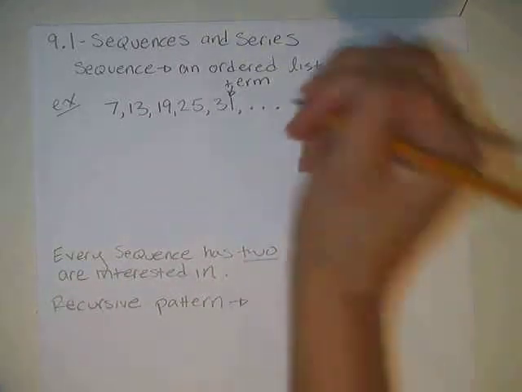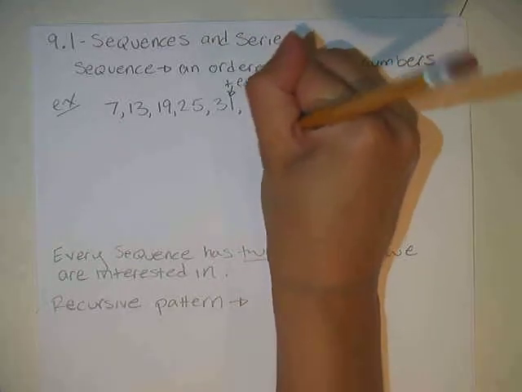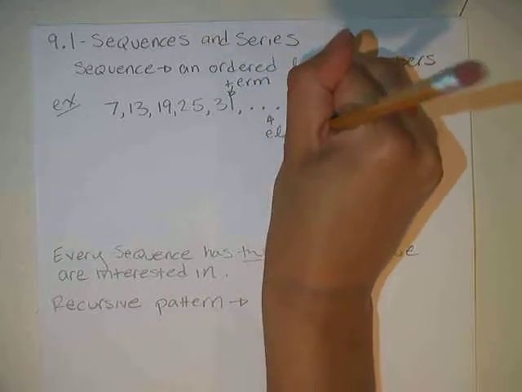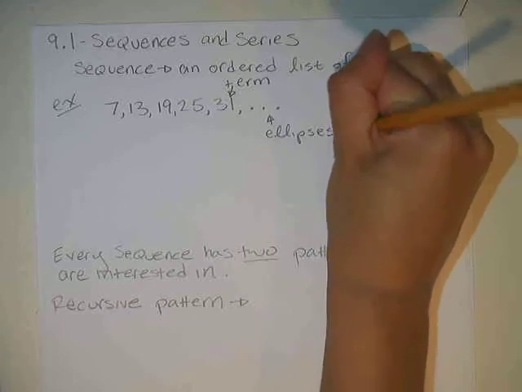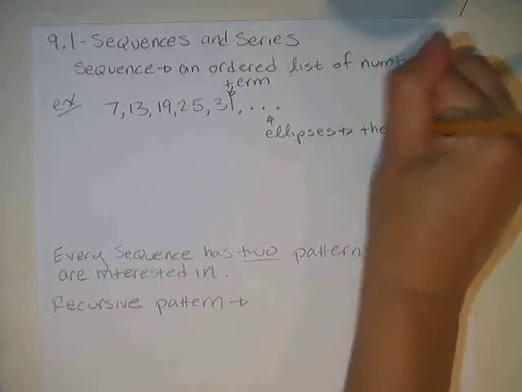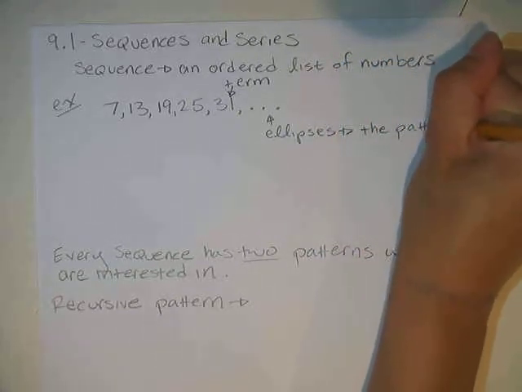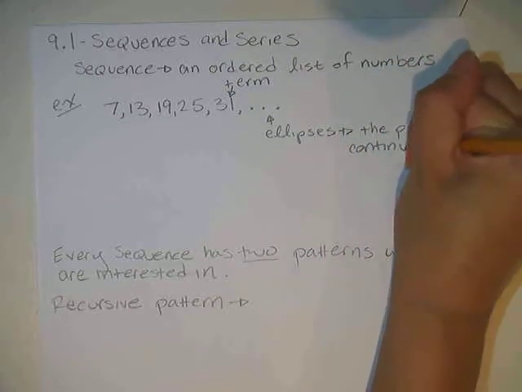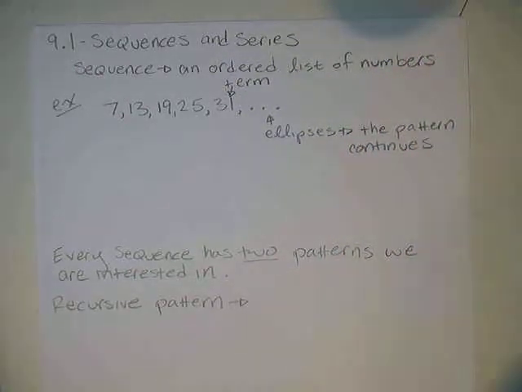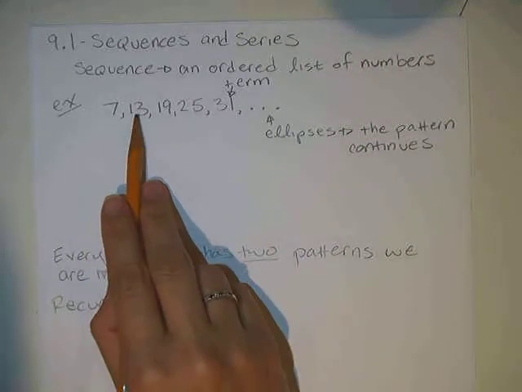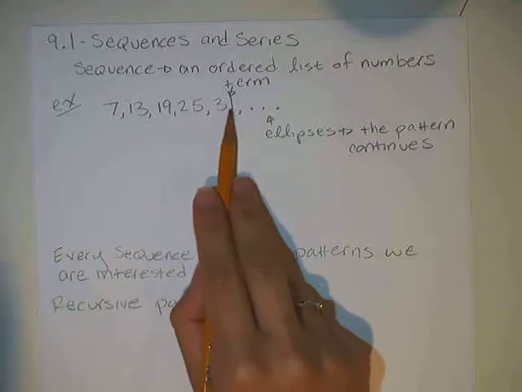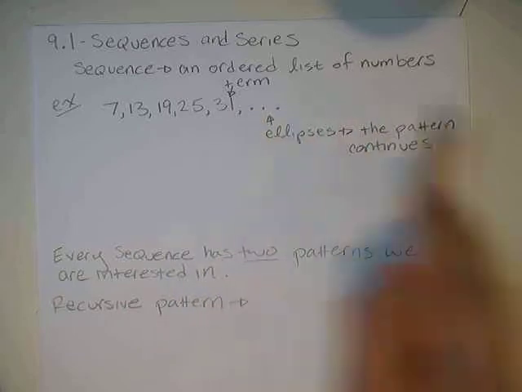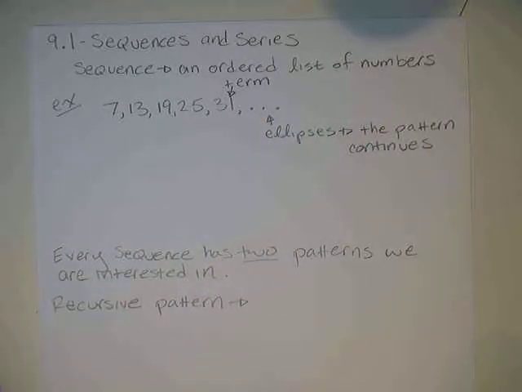By putting a dot, dot, dot at the end, these are called ellipses, we are being told that the pattern continues. If you could find the pattern, like in this case, add 6, it makes it easy to continue the sequence and find the next numbers.